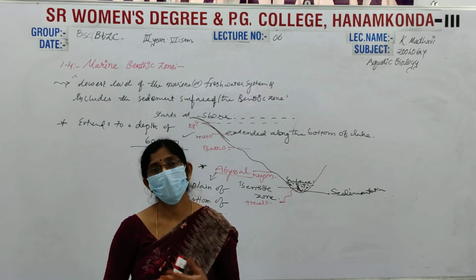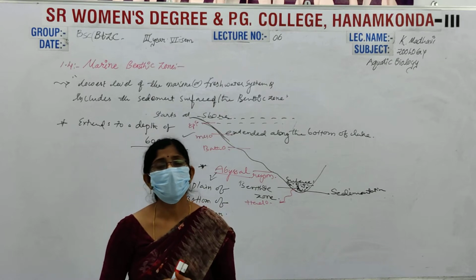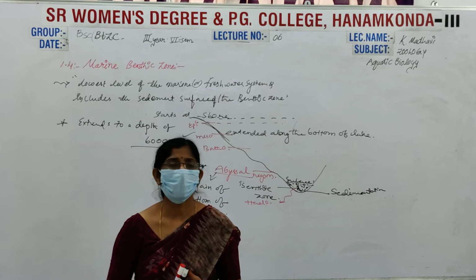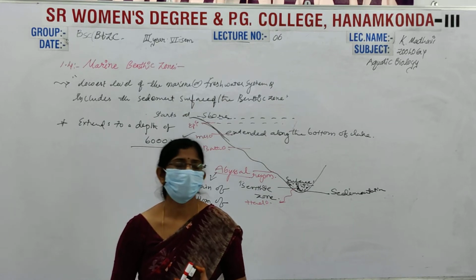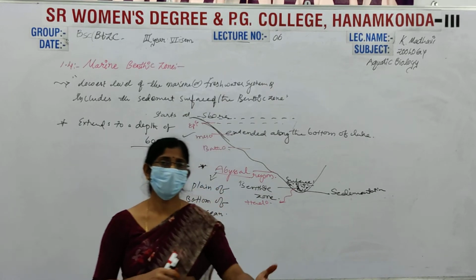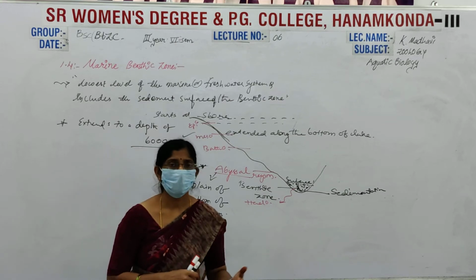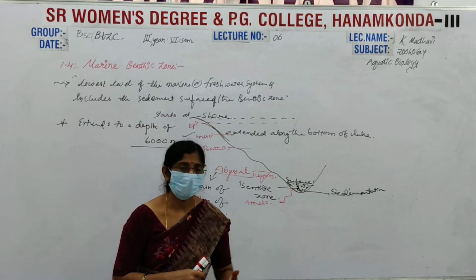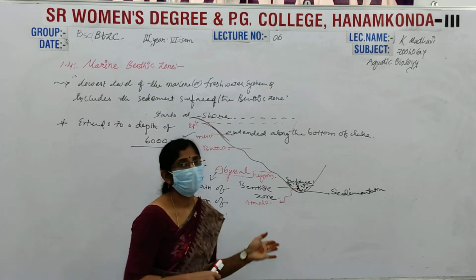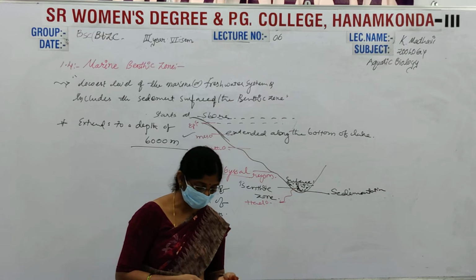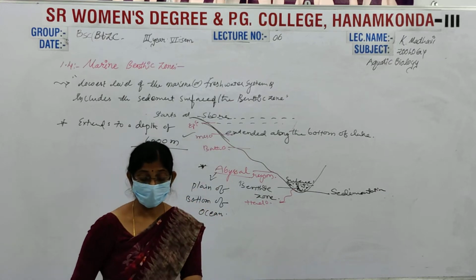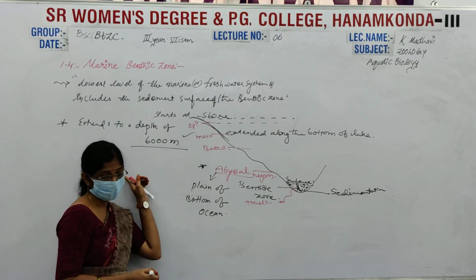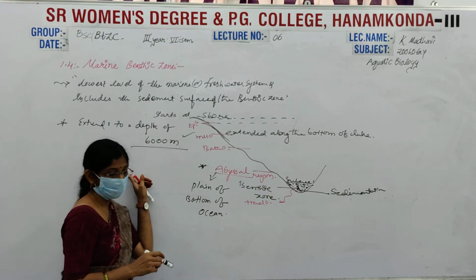Those are dissolved solids: sodium, carbonates, chlorides, and turbidity, and the compositions related to chemicals, inorganic and organic substances that are present. Here we have the characteristics of the marine benthic region.